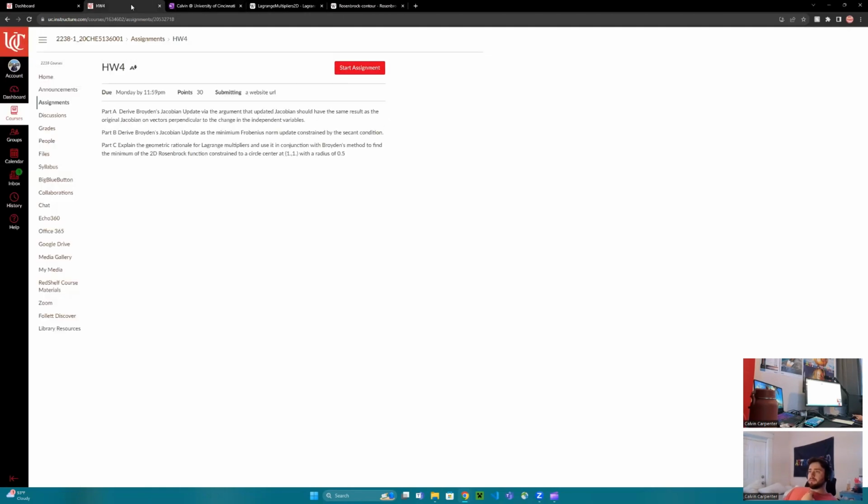Okay, so part C says to explain the geometric rationale for Lagrange multipliers and use it in conjunction with Broyden's method to find the minimum of the 2D Rosenbrock function, constrained to a circle centered at 1, 1 with radius of 0.5.